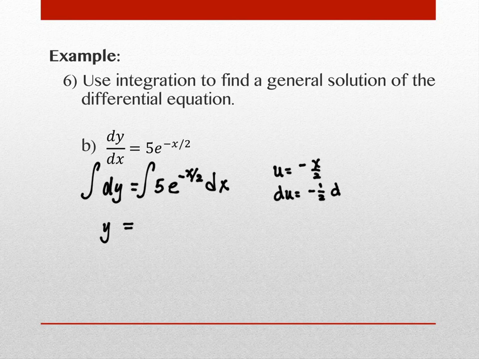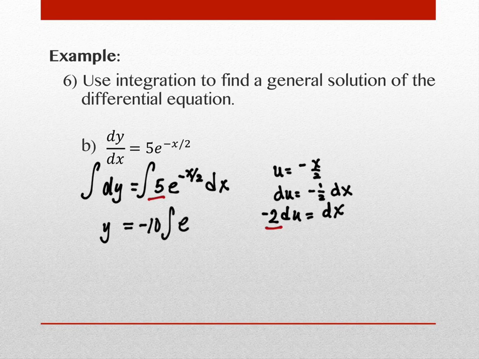Negative 1/2 dx. I don't have a negative 1/2. I have a 5, but I don't have a negative 1/2, so I'm going to have to multiply that to the other side as negative 2. So I'm going to incorporate the negative 2 here with the 5 here. That's going to give me negative 10, and I'm going to put it in front of my integral. And then this is e to the u du.